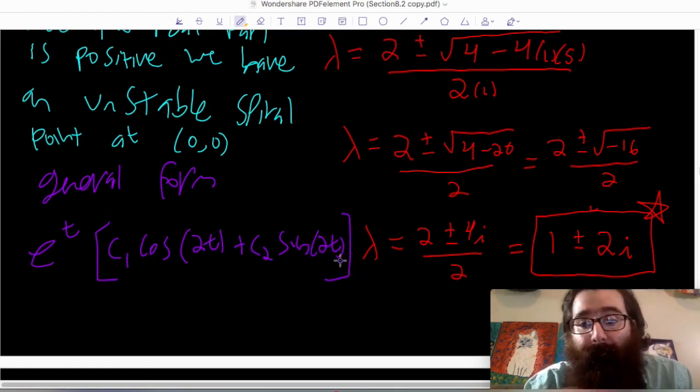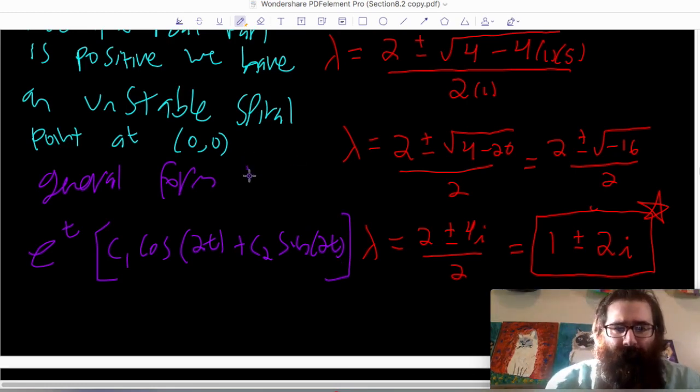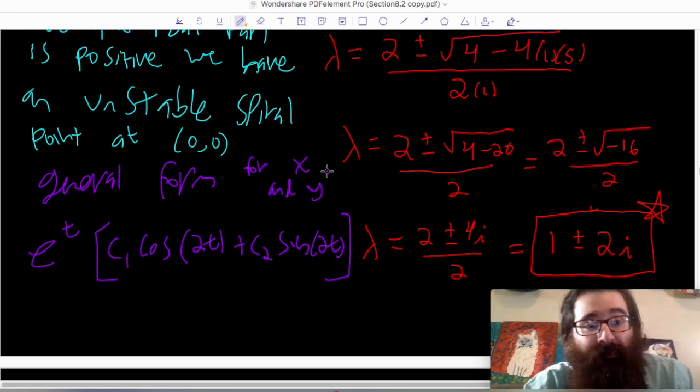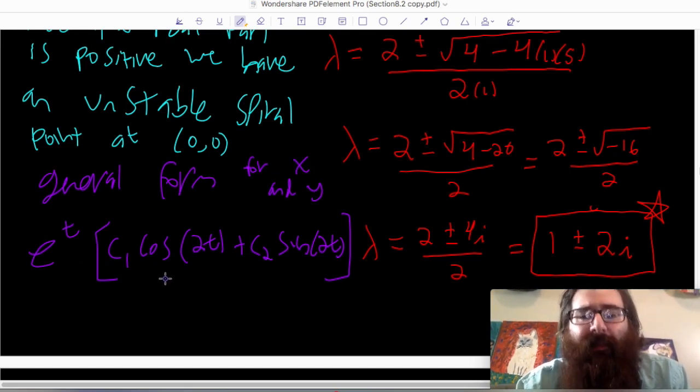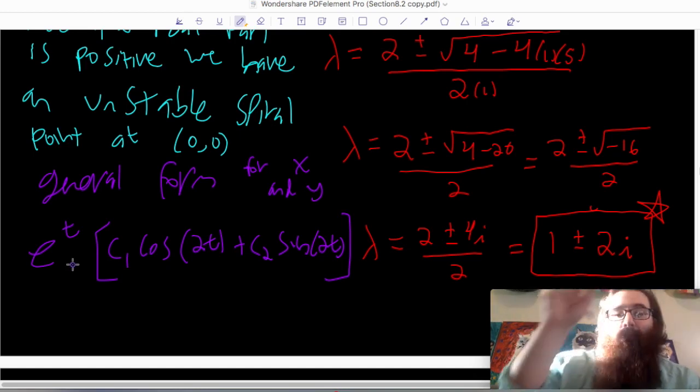So thinking all the way back to the characteristic equation in some sense, we're saying the general form for both x and y, I'm trying to do a bit of shorthand here, but just so that we're clear, these are the general form for the solution for both x at t and y at t. It's going to be this exponential function times our sinusoidal functions. That's where we get that spiraling effect from, because cosine and sine are just going to be oscillating as they usually do, but then the exponential function is what's going to create that really nice spiral aesthetic that we like.